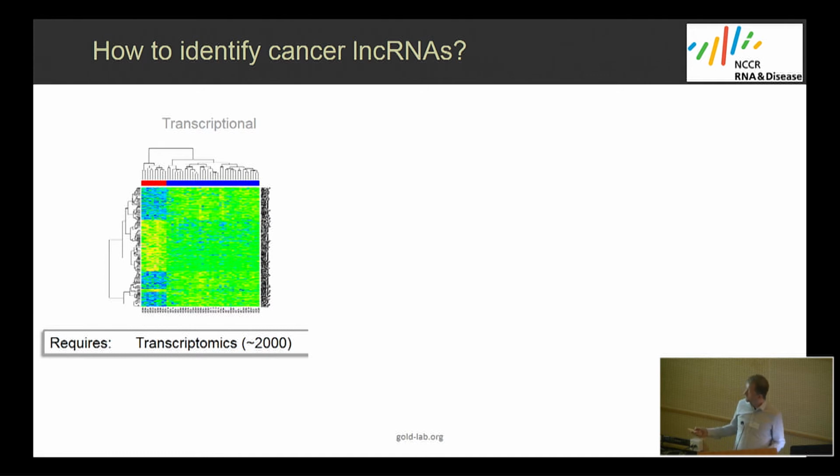Of course, the classical way, which has been very effective, to find lncRNAs involved in your cancer of interest is simply to do some kind of gene expression analysis between tumors and normal samples. You find differentially expressed genes and you start to knock them down one by one till you find what you're looking for. This has been effective, but it makes some very key assumptions.